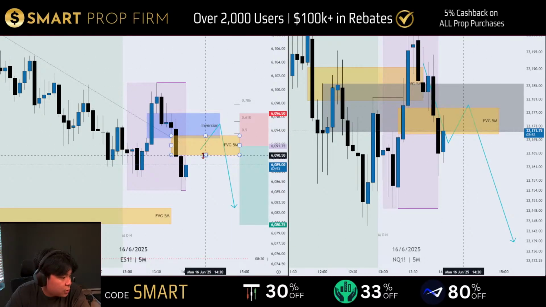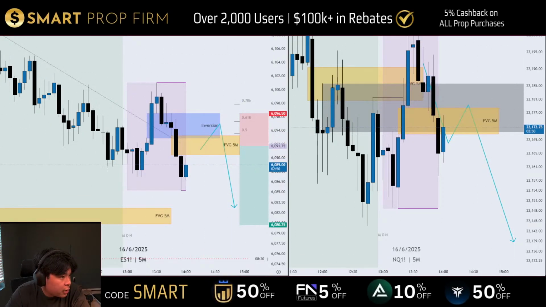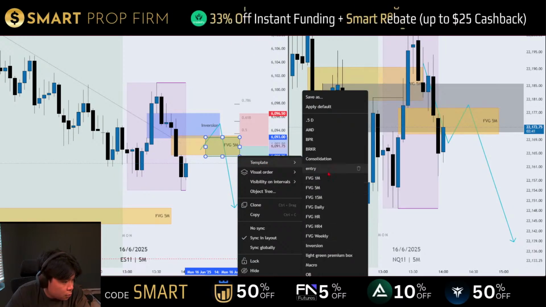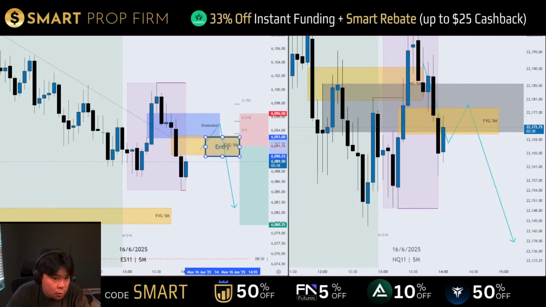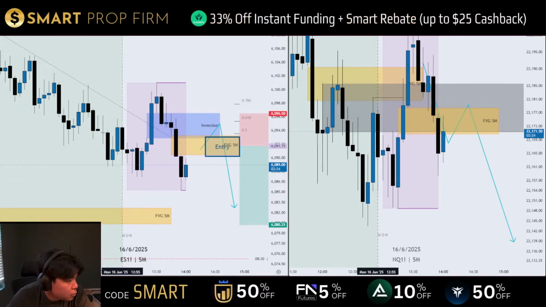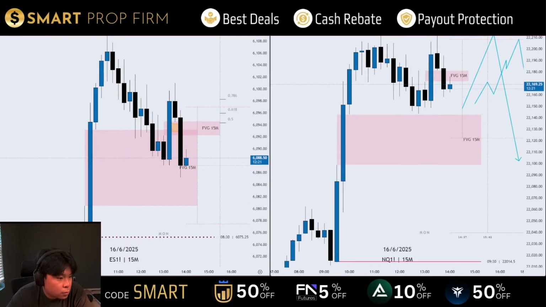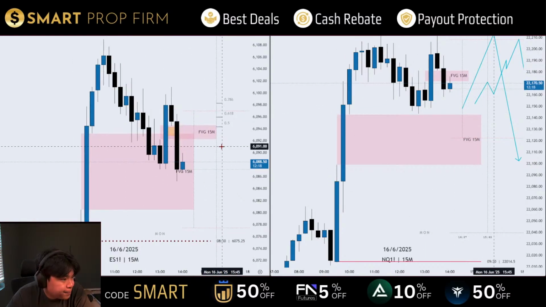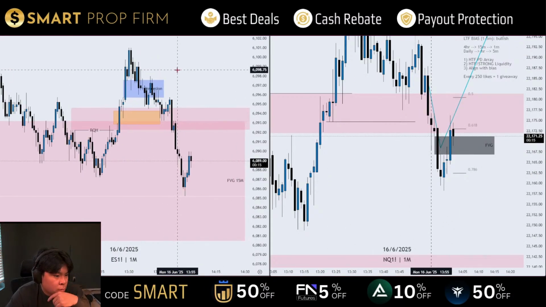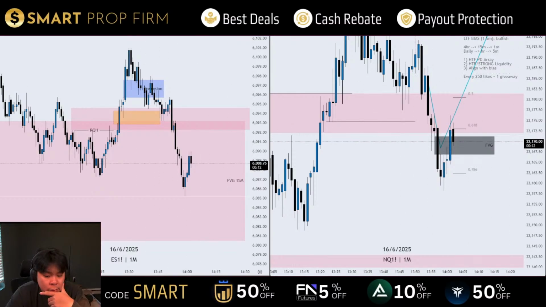I'm gonna be looking for shorts basically above 90s. This whole area, I'm just gonna slowly add in every tap it gets. 15-minute retrace here. One more drive. I'm gonna go for it.